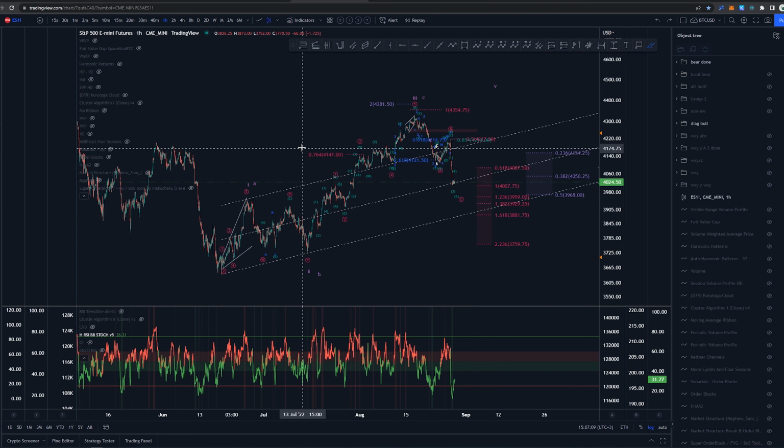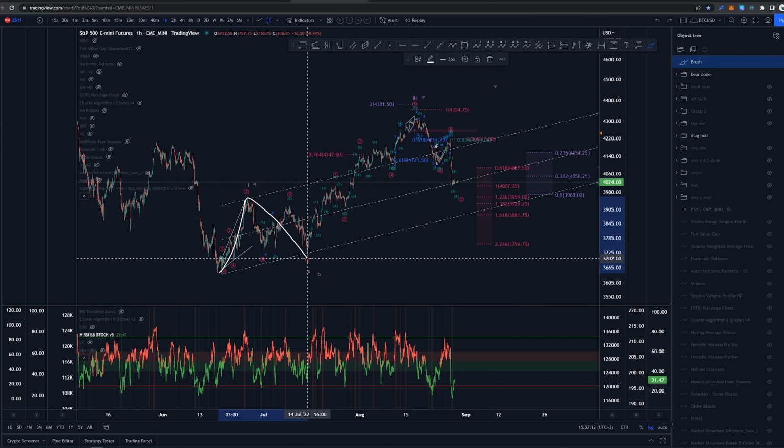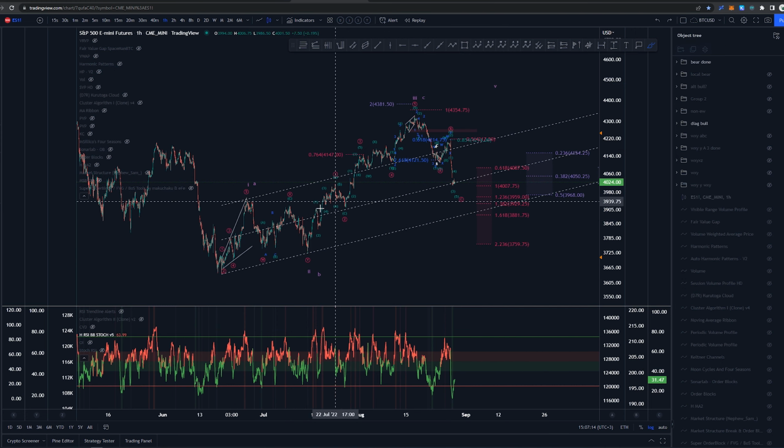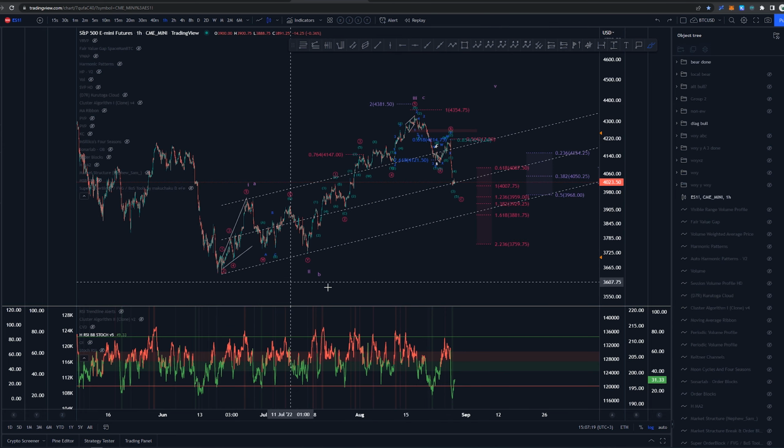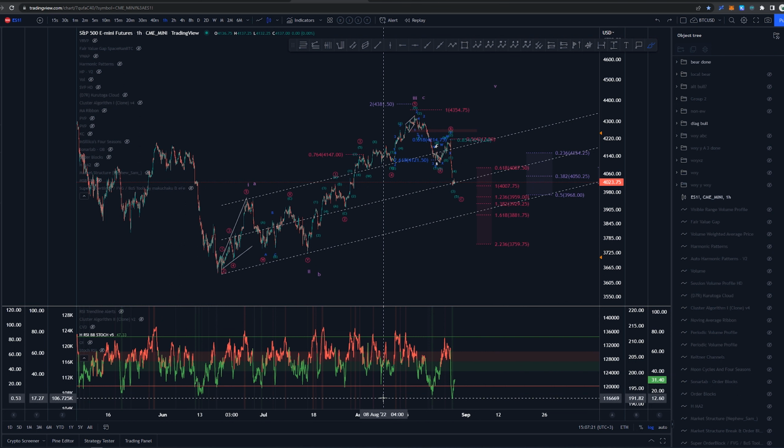Now the higher time frame structures we had as a possibility was this as 1, 2, 3, 4 and 5, or this was an A, B and C. These were the two different structures that I was expecting.